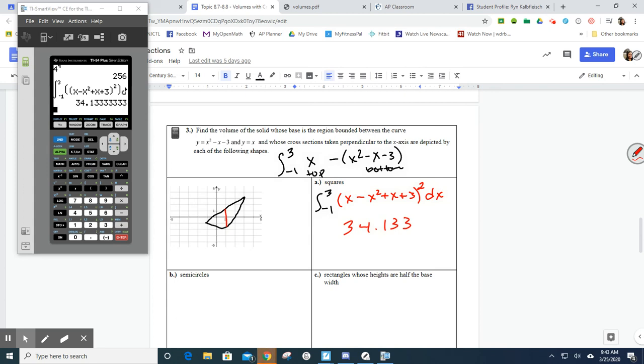Is that good, Ben? Yeah, so for like the semicircle, you would have 1/2 pi in front and then radius squared, so like the side squared. Perfect. Yeah. You have that up front from -1 to 3. And no, be careful.